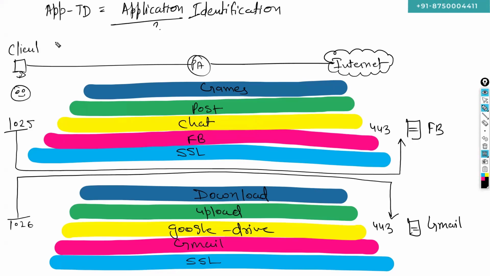Now you can see we have a client and we have servers here. Palo Alto says that an application has no standard definition, but we have to define something.